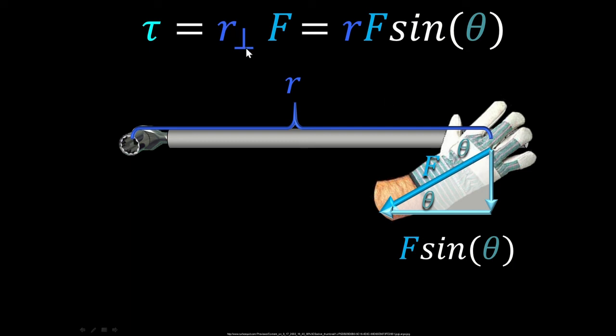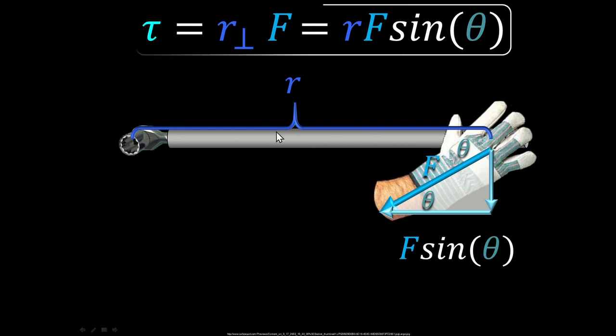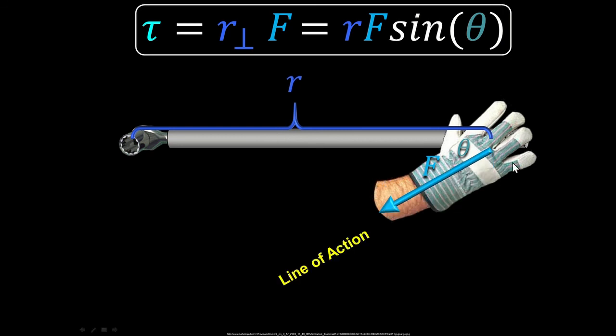So this is when the force is perpendicular to the radius. If it's not, we just have to multiply by the sine of the angle to find the component of the force that is perpendicular to this. Okay, and that's an equation we'll be able to check off. Another way of doing this is talking about the line of action.